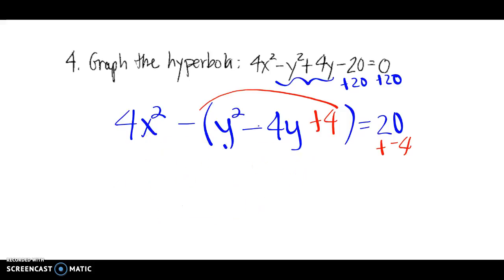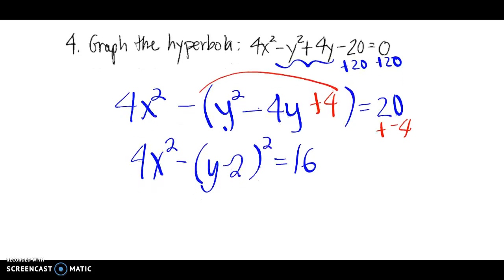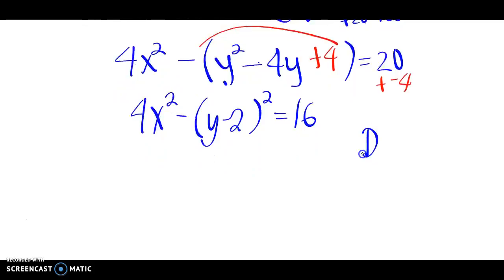All right, so now we can complete the square on the y. So we have, what do we factor into? y minus 2 squared equals 16. And I want this side to equal 1. Divide everything by 16.